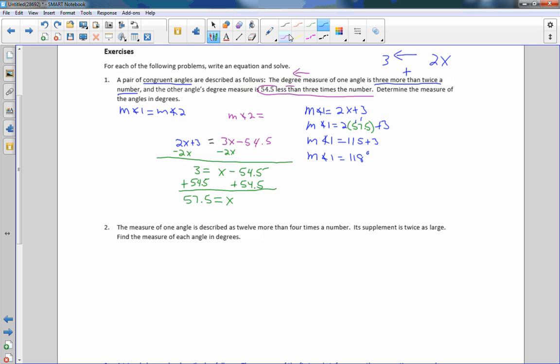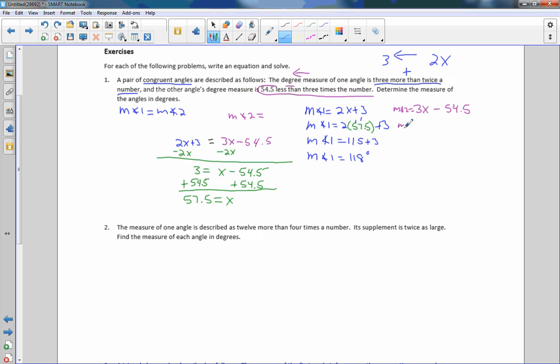Okay, I don't want to just stop there, even though I know they're congruent. The measure of angle 2 is 118 as well, but this is a place to check to see if we did it correctly. So I'm going to write 3x minus 54.5 is the measure of angle 2.